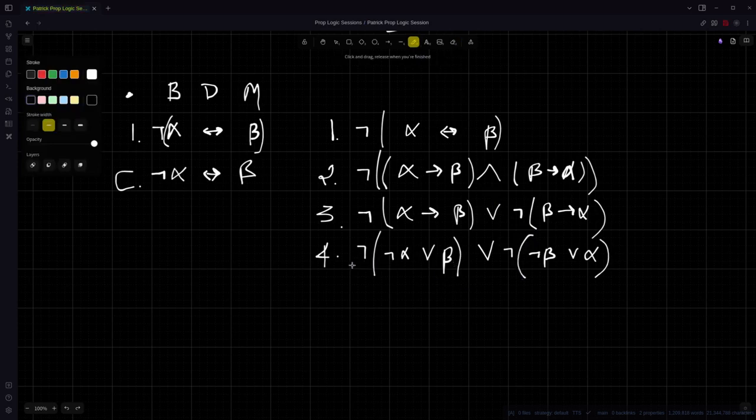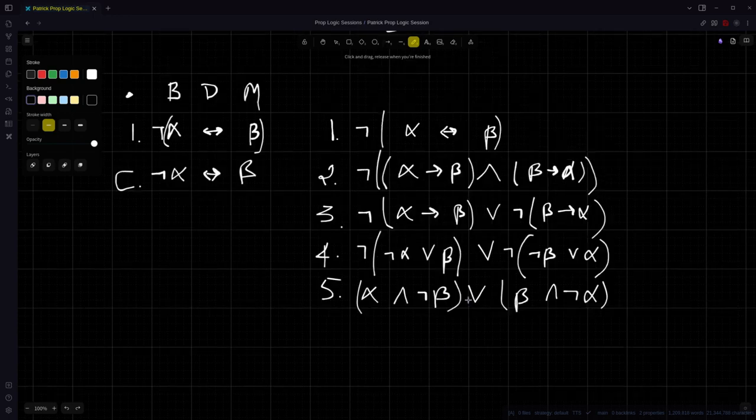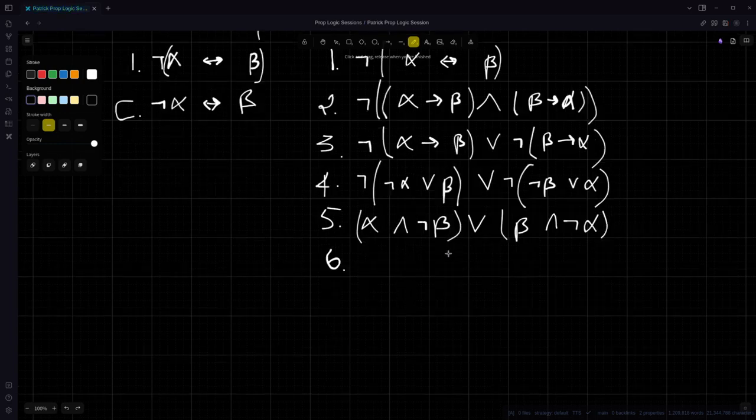And then you can do another De Morgan's law. So you have alpha and not beta, or beta and not alpha. Now, remember constructing conditionals.